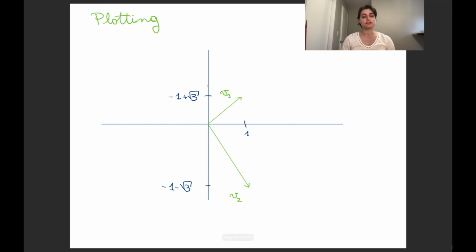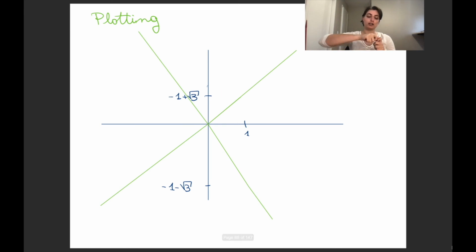So let's plot this. First step, we plot the two eigenvectors that we have found, v1 and v2. They all have x value 1 and y value -1 plus square root of 3 or -1 minus square root of 3. Then we draw lines extending these eigenvectors all the way.